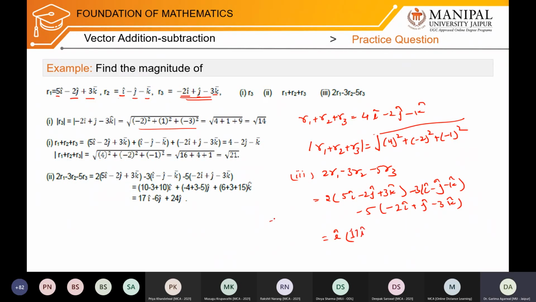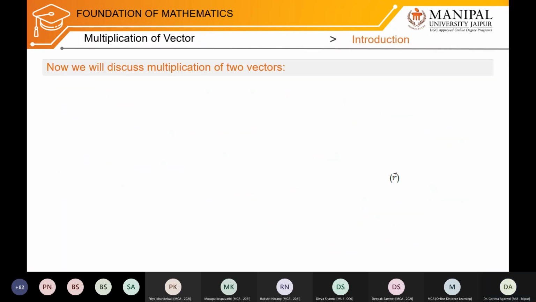Now minus 4 plus 3 and minus 5. So it is minus 6 j cap. Then similarly we can write the coefficient of k cap, that is 24 k cap. Right, and then the magnitude of this term will be root of 17 square plus minus 6 square plus 24 square. Clear?